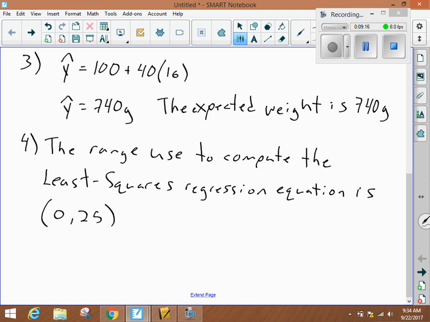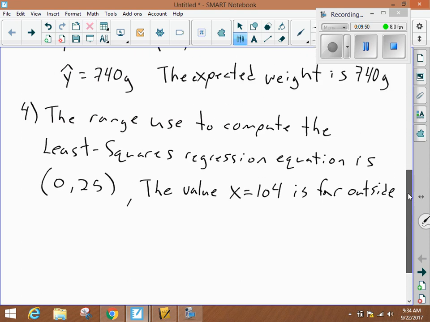And let's assume that I'm talking about an interval. The value at 2 years, the value x equals 104 is far outside this range. Outside of this range, we'll use proper English today.